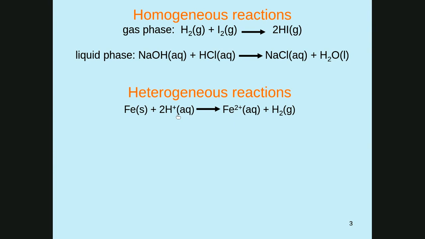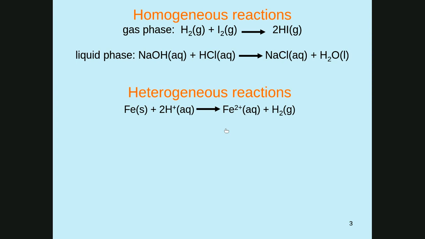All these reactions may be either very fast or very slow. You can have explosive reactions like combustion of hydrocarbons. Other reactions are very slow, like corrosion, which is also an electron transfer process, a redox process. And kinetics is basically the study of the rates of these reactions and their mechanisms.